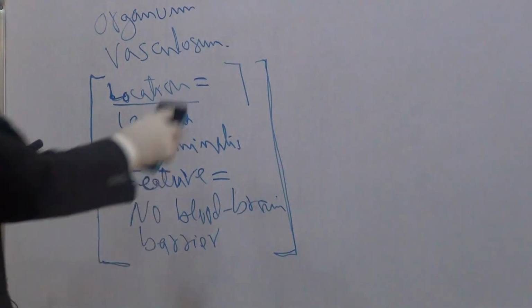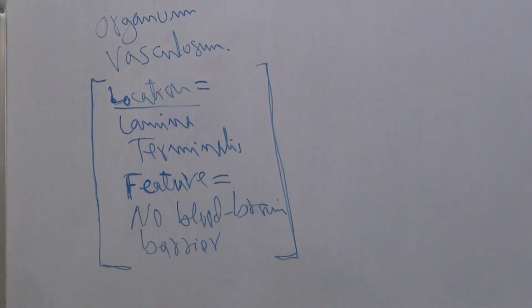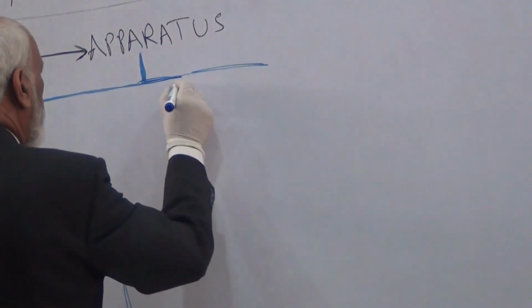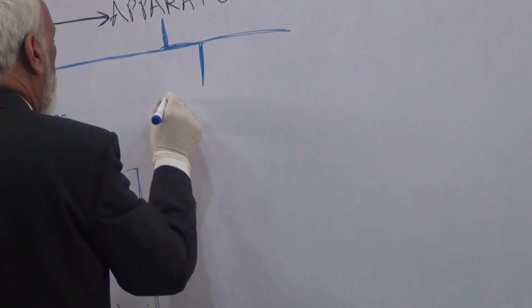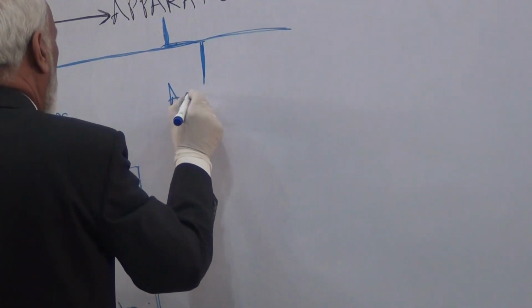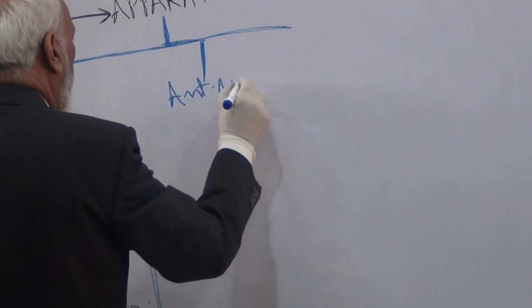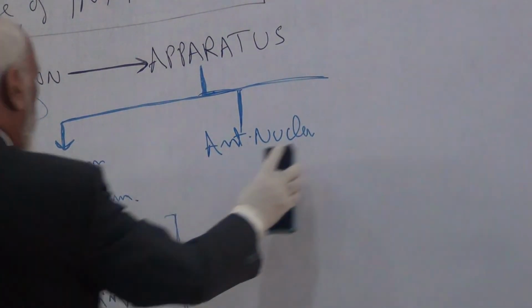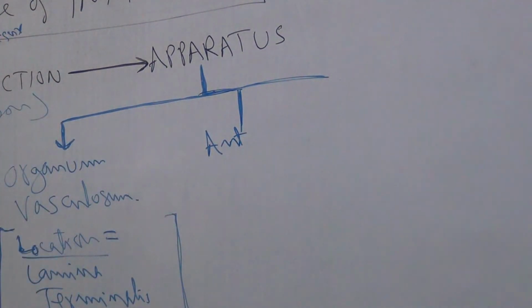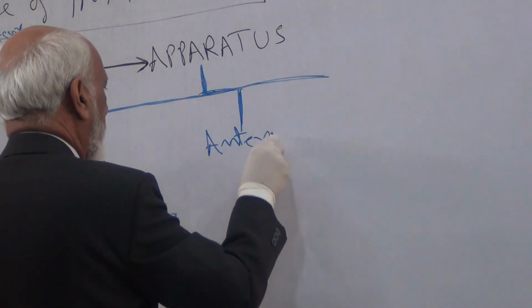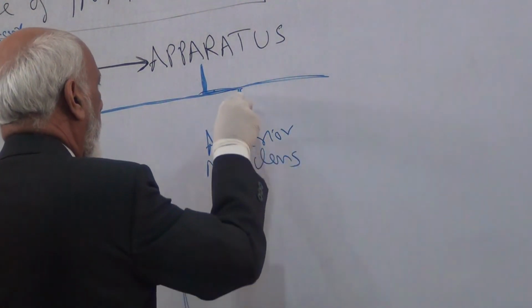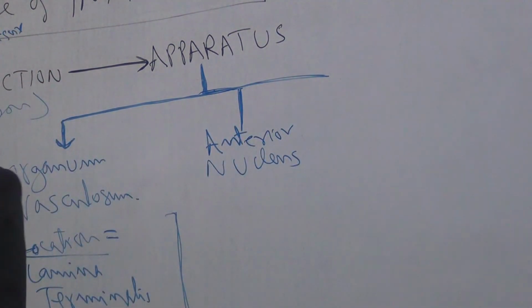This is just a summary of the organum vasculosum. Then the other component is the anterior nucleus, the anterior nucleus of the hypothalamus.